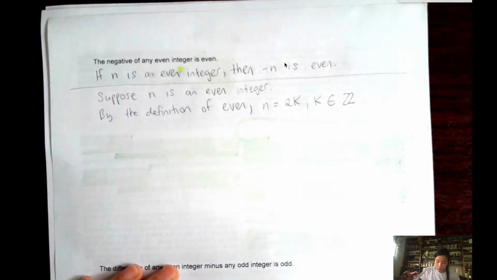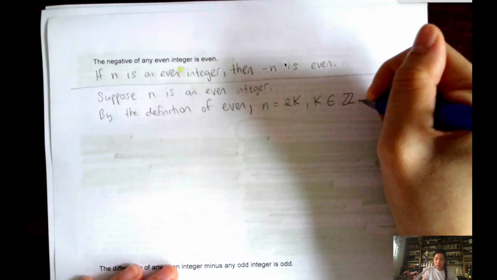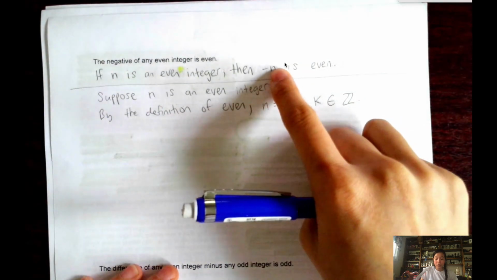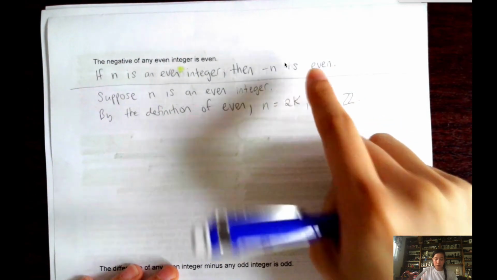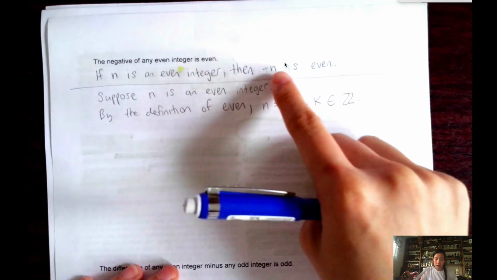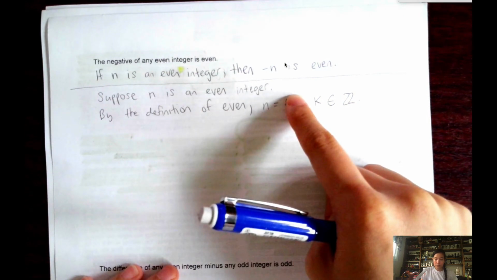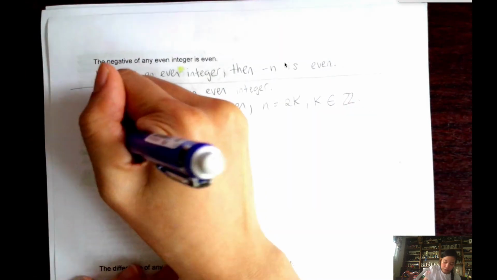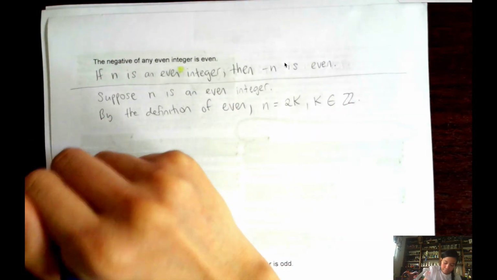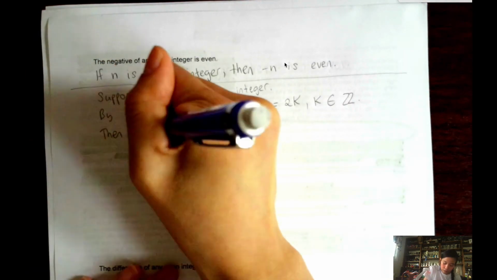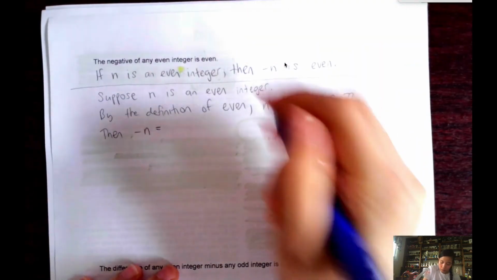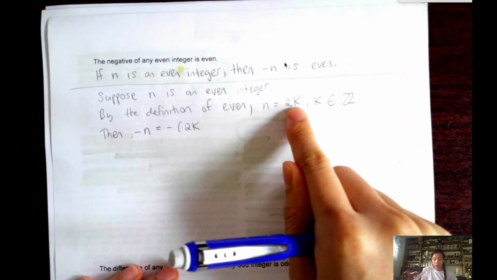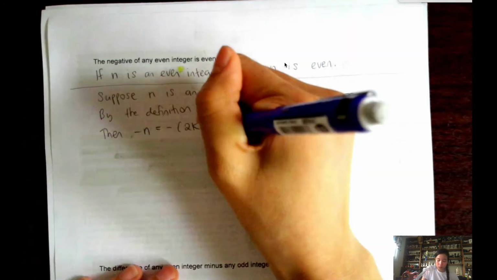Now, we're going to reuse this definition later on in our proof because we're trying to prove that negative n is even. So we have to say that negative n is in this format somehow because it's even. We could introduce negative n by saying, then negative n equals negative 2k, since we established that n equals 2k.